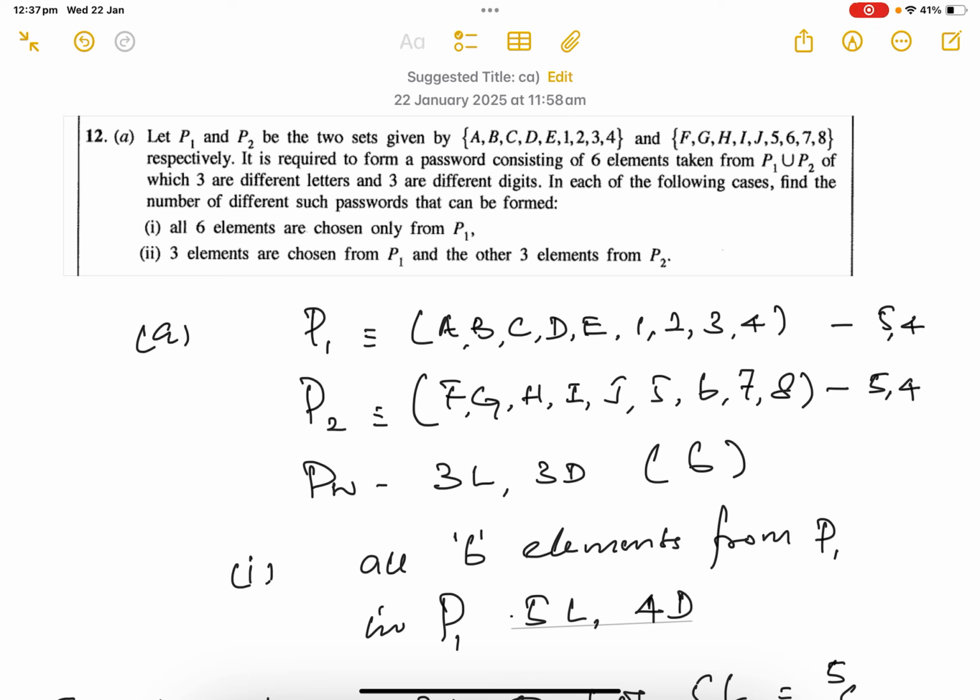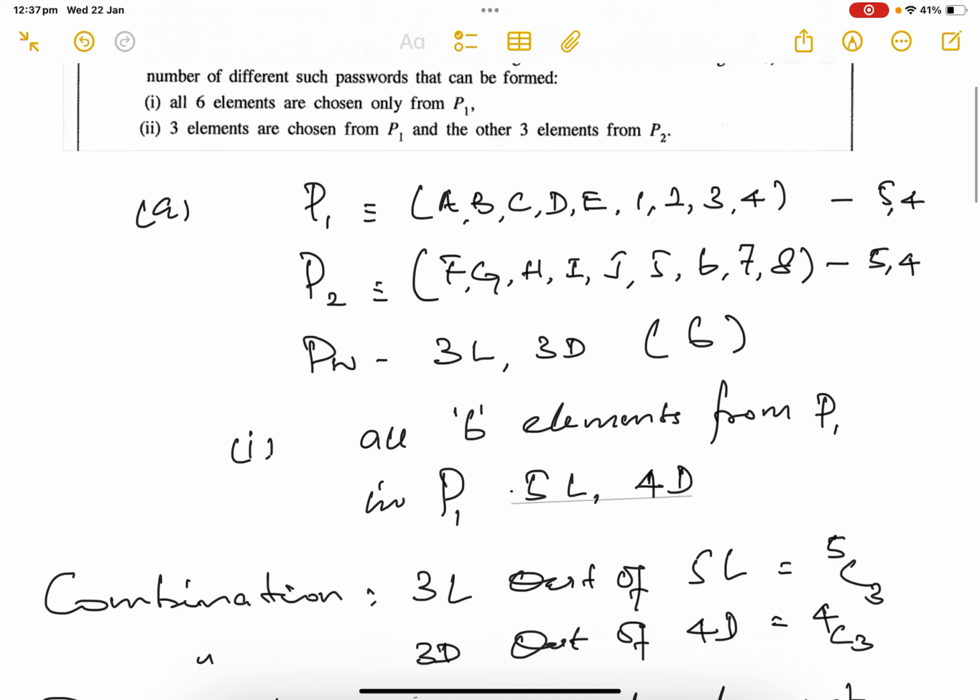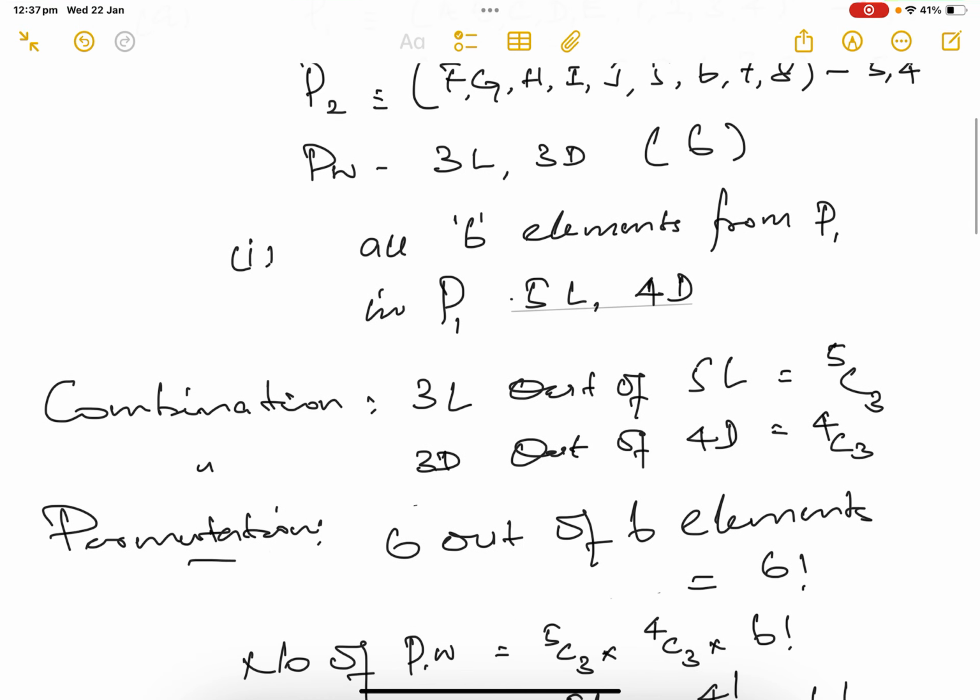Again, 5 letters, 4 digits. The password we have to form has 6 elements, which are 3 letters and 3 digits. So any 3 letters and any 3 digits form the 6 elements, and with those 6 elements we need to form a password.